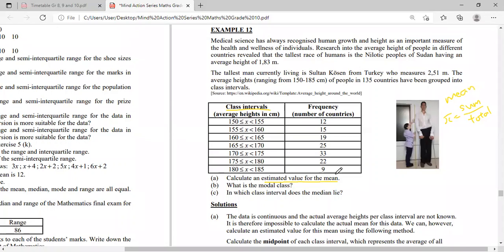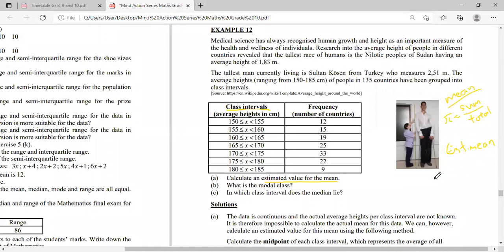Now there's an estimated mean. It is different from our normal mean.